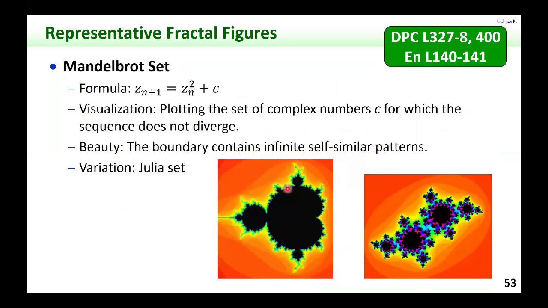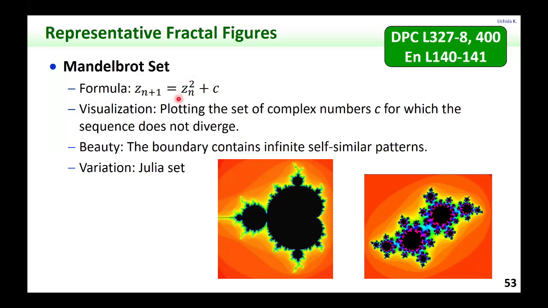This is the more famous Mandelbrot set. I think you already know this. There is a very simple recursion like this. In the complex space, we calculate z squared plus the starting complex number c, then do the calculation.